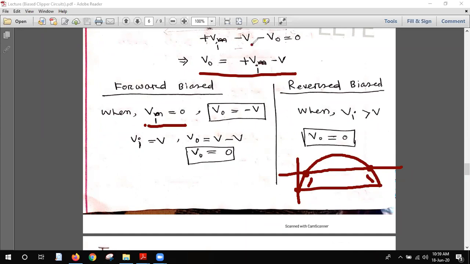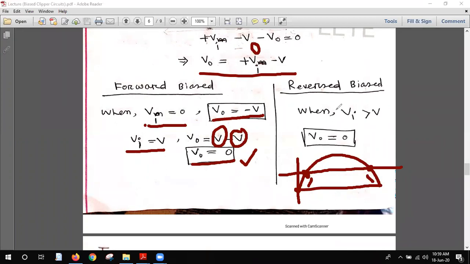Just put the value VI equals zero, and you will get that the output will be minus V. And this is the exact point where VI equals V. So when VI equals V, you see that the output equals zero, because if you replace VI using V, you get V minus V, so V naught equals zero. Okay, so this is for forward bias, minus V to zero.